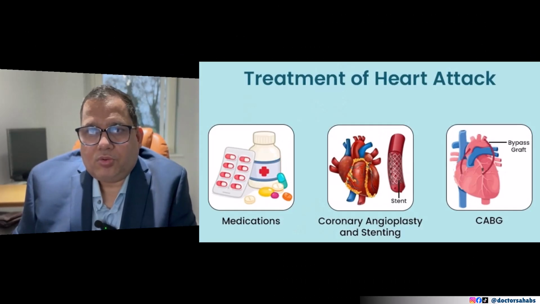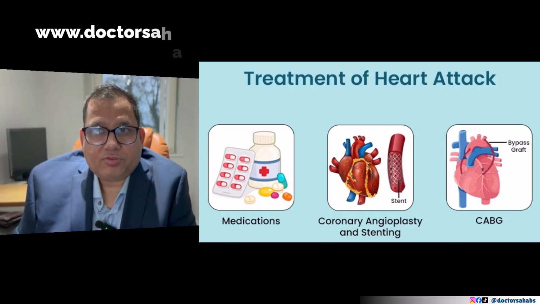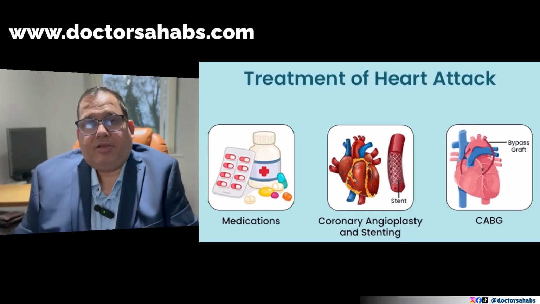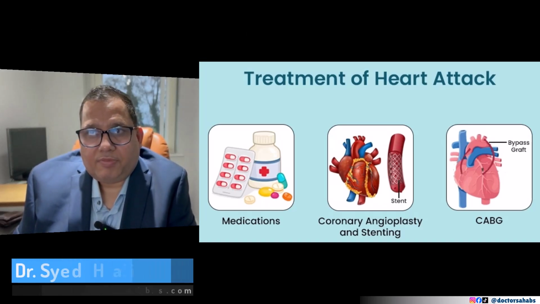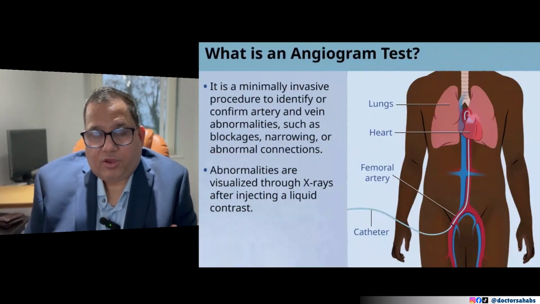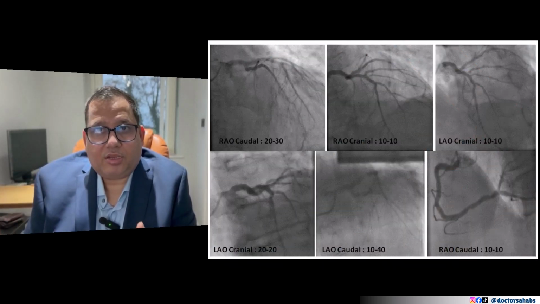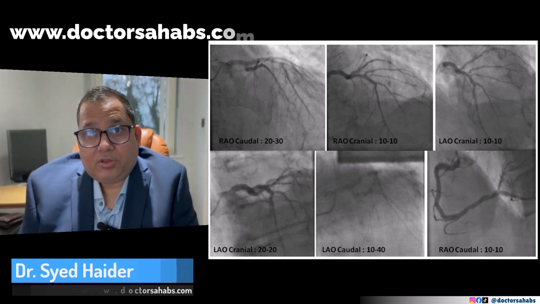It also depends upon your symptoms. Sometimes they offer you a treatment of percutaneous coronary intervention, called a cardiac angiogram or cardiac angioplasty. They perform the cardiac angiogram and look for the blockage, whether you have one vessel blocked, two, three, or four, and they start planning your treatment.